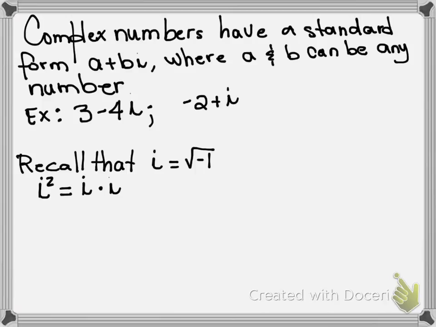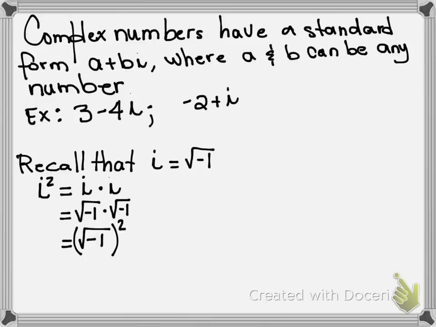When we have i squared, ladies and gentlemen, that means it is i times i. Alright, now if we rewrite this, it's literally the square root of -1 times the square root of -1. What does that say? It is to have the square root of -1 quantity squared.